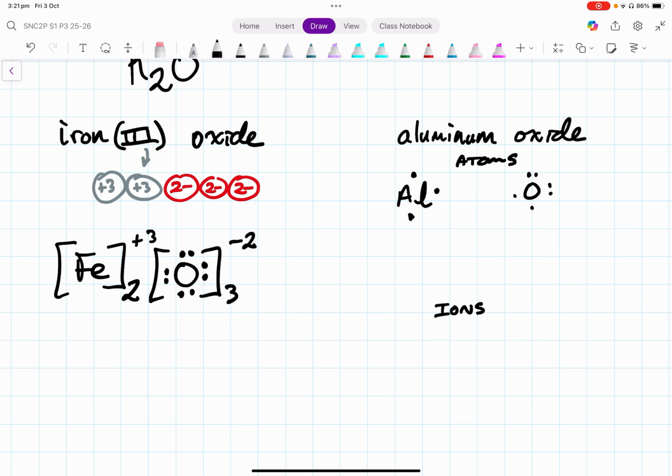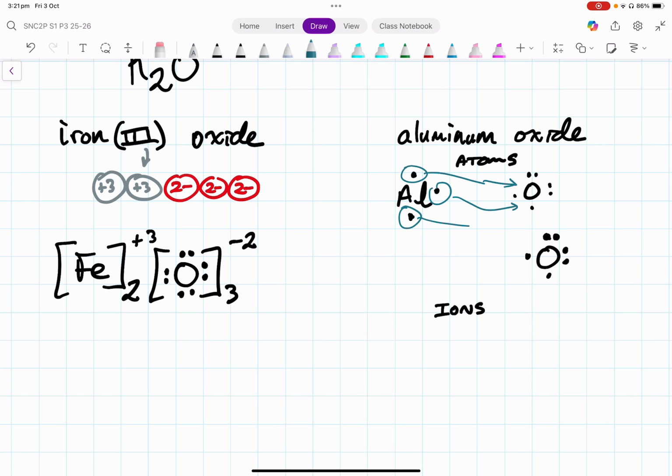Okay, so aluminum needs to get rid of 3 electrons and oxygen needs to gain. So this aluminum can dump 2 electrons there. Now it's got 1 extra, so that means another oxygen is going to be required to take that aluminum's extra electron. Watch this.